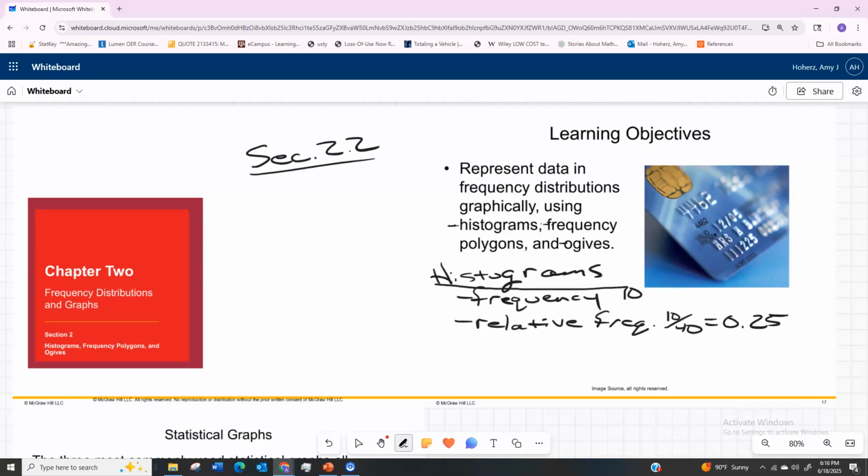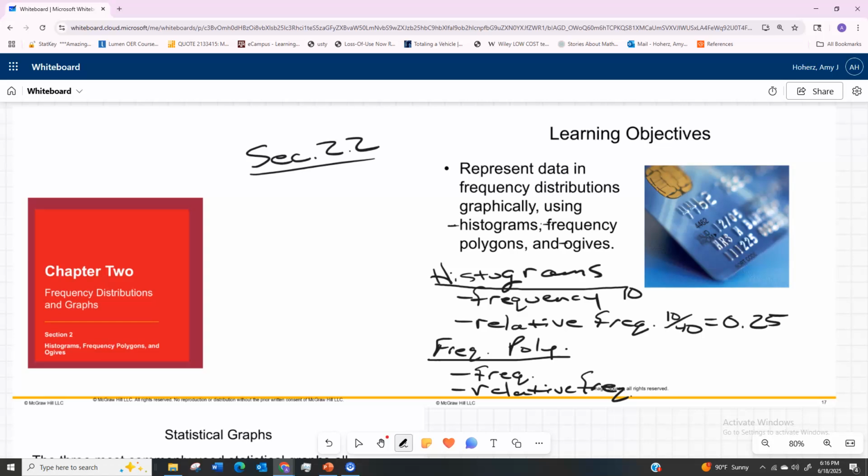Then you have the same thing when you go to frequency polygons. Frequency polygons are a different type of graph, and for those, you also have regular frequency polygons and relative frequency polygons.